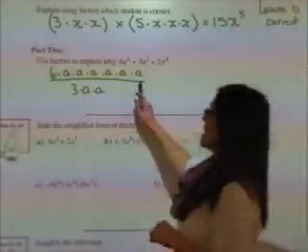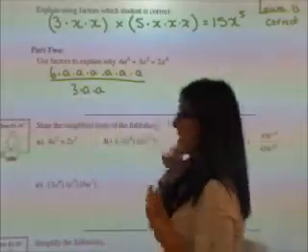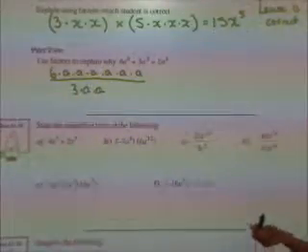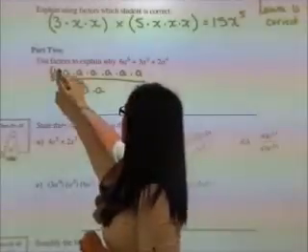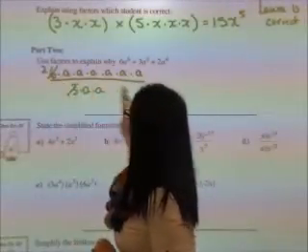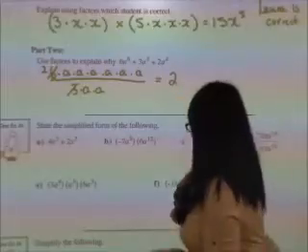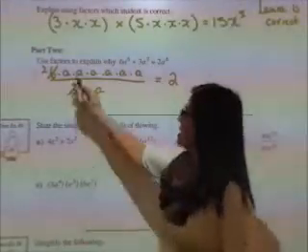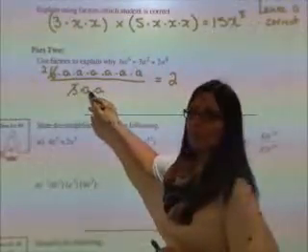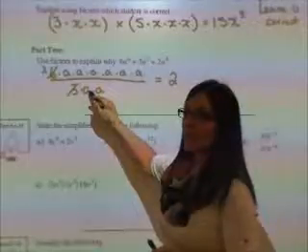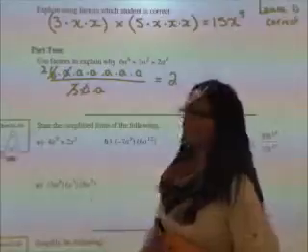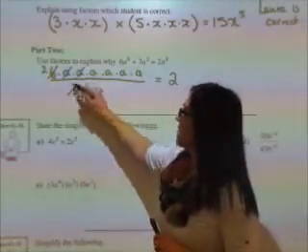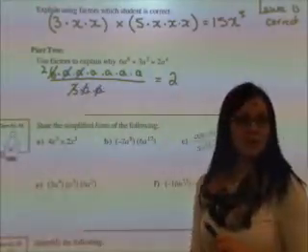Now remember, this line is a division bar, so we can think of it as dividing. 6 divided by 3 becomes 2. So that gives me a 2. What is a divided by a? 1. It's 1 whole. And a divided by a, 1 whole again.